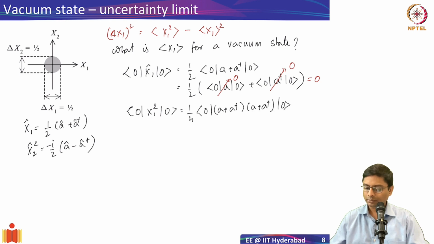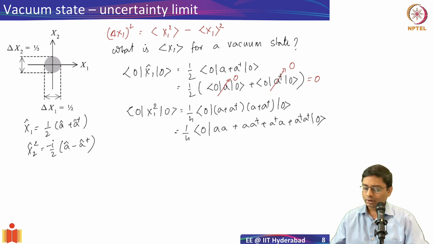Correct? This is what I want to compute. So 1/4, 0, I'll keep it. This will be a plus a dagger plus a dagger a plus a dagger a dagger. Okay. So without writing the details, I will conclude.